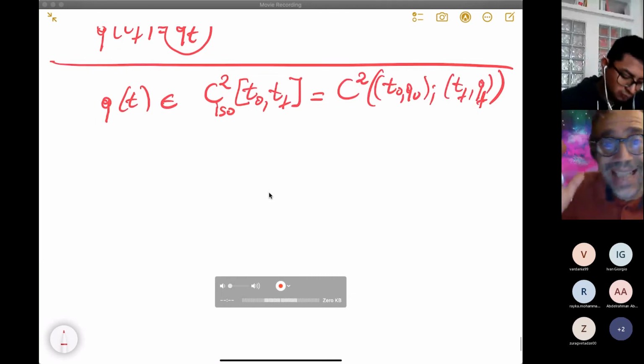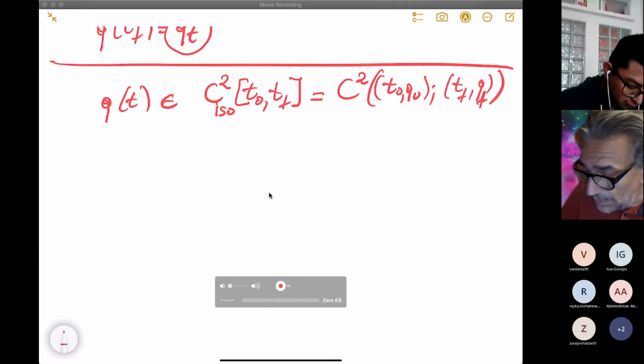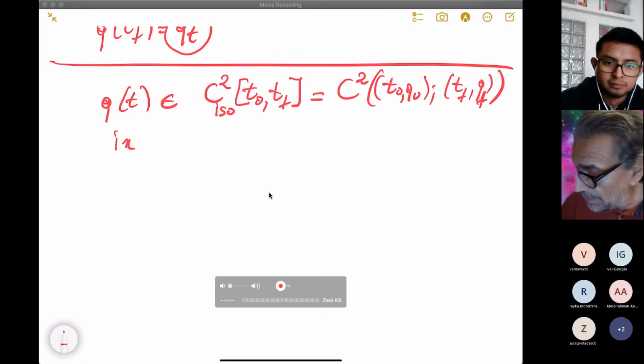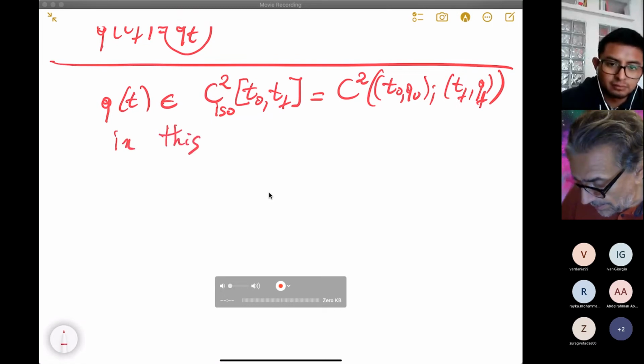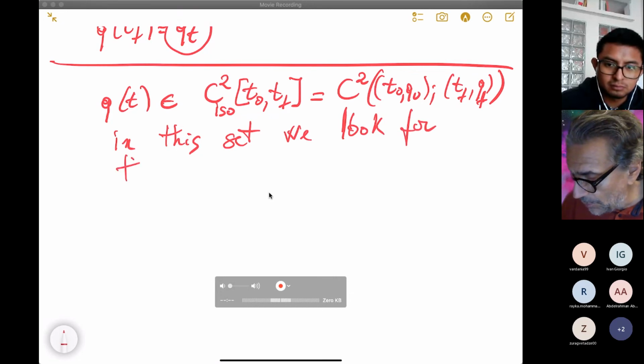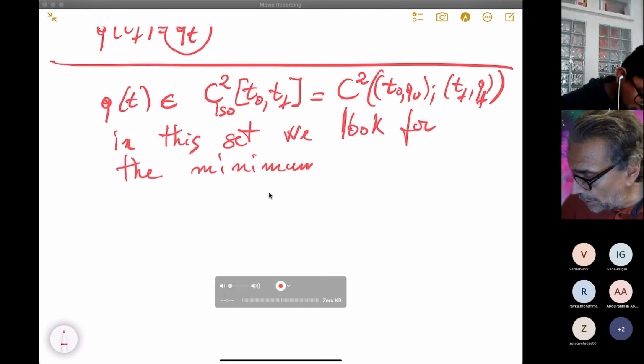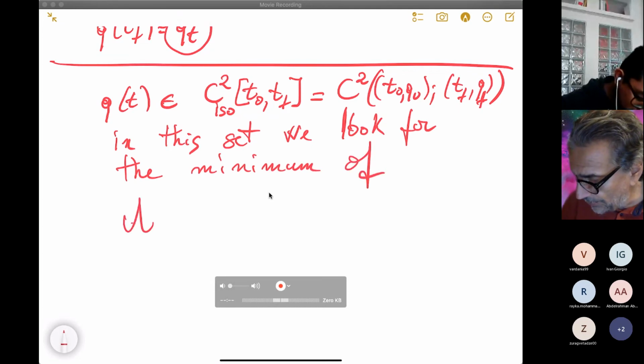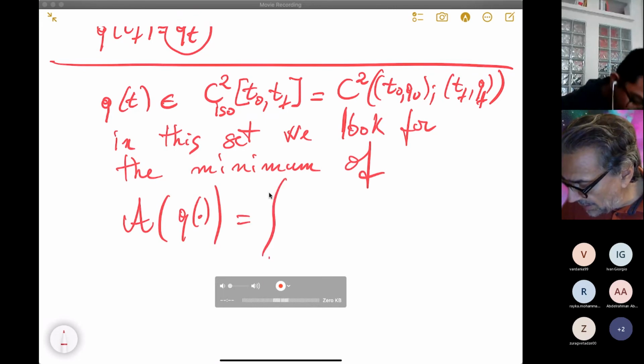And in this set, we look for the minimum of the action functional, which we have written in this way, using the Lagrangian function.